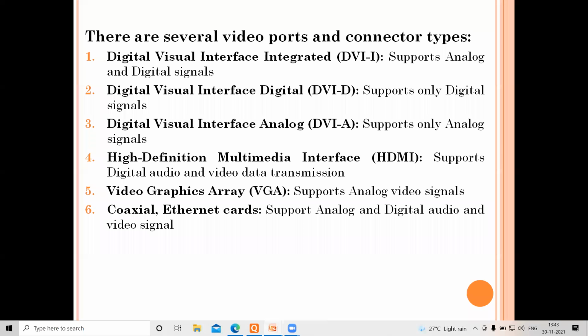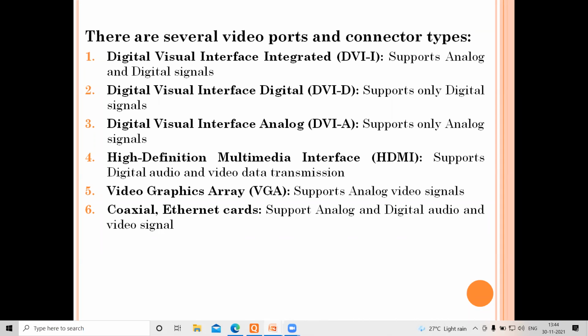First one is your digital visual interface integrated, DVI-I, that supports both analog and digital signals. DVI-D, digital, supports only digital signals. Then you have DVI-A that only supports analog. Then HDMI supports digital audio and video transmission. The video graphics array, VGA cables, support analog video signals.